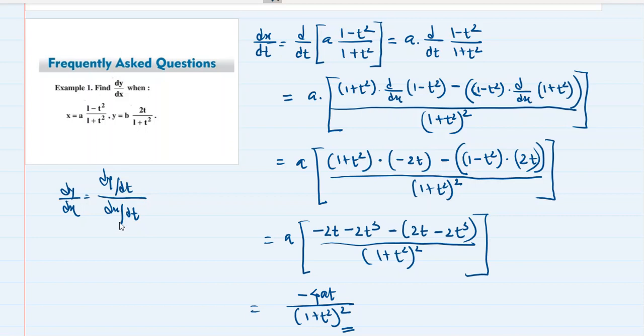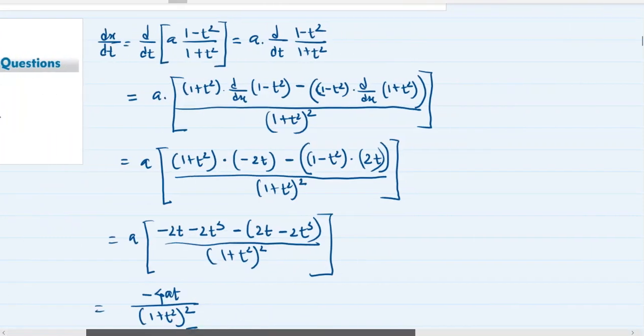We first find dx by dt because we have to make sure that dx by dt is not 0. If it is 0, then we don't go ahead. If it is not 0, only then we go ahead and find dy by dt. Okay, so let's find dy by dt in a similar manner.